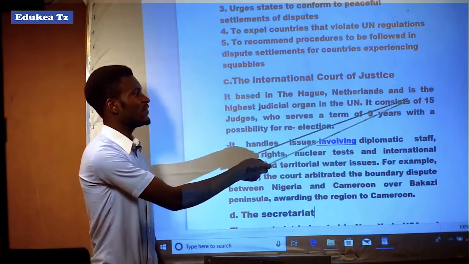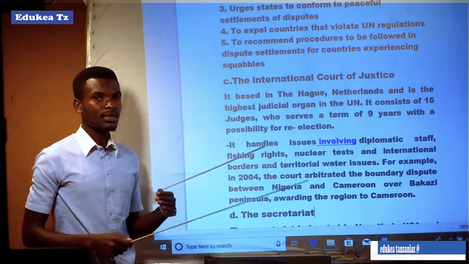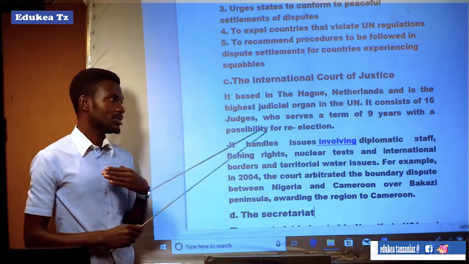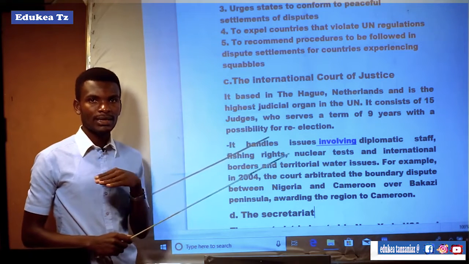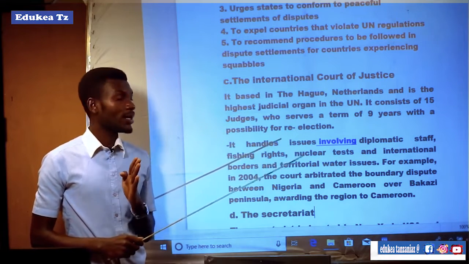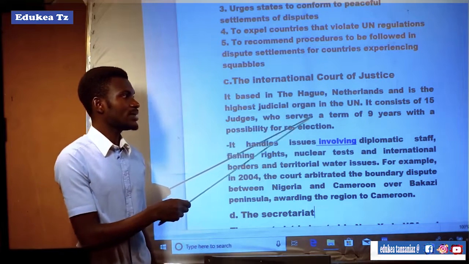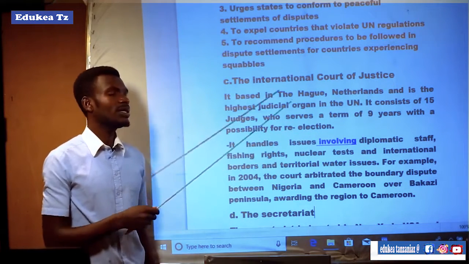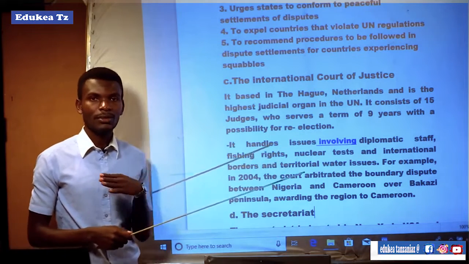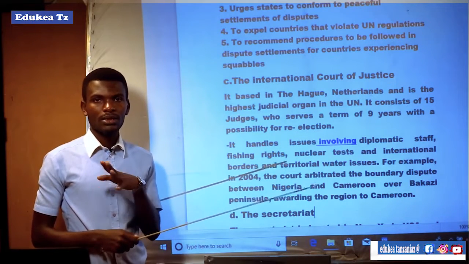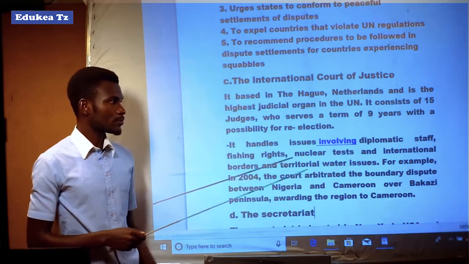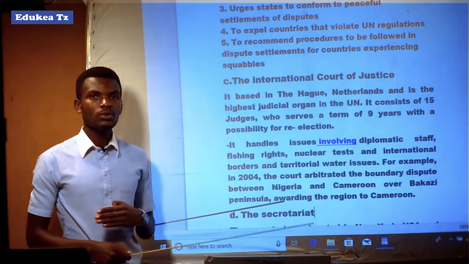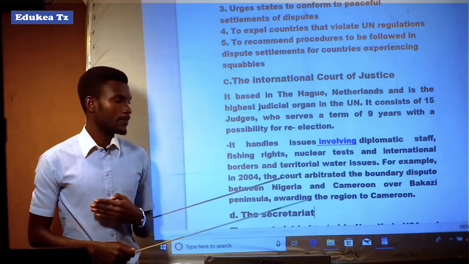It consists of 15 judges who are elected by the General Assembly and serve a term of 9 years with the possibility of re-election.